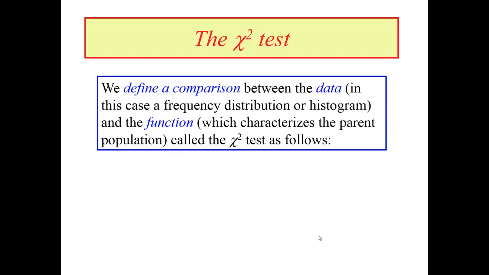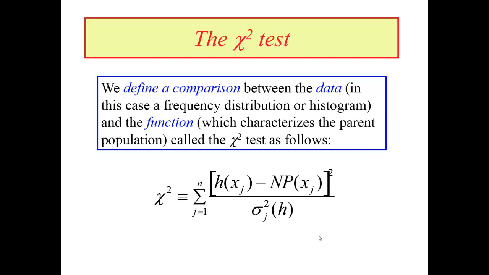So we use what's called the chi-squared test. And the chi-squared test is a comparison between the data and the function that we assume characterizes the data. So here's how it works. The chi-squared value is defined as a sum over all of the possible results that we get when we perform a measurement. And so the h here represents the frequency, the number of times that we get a particular result.